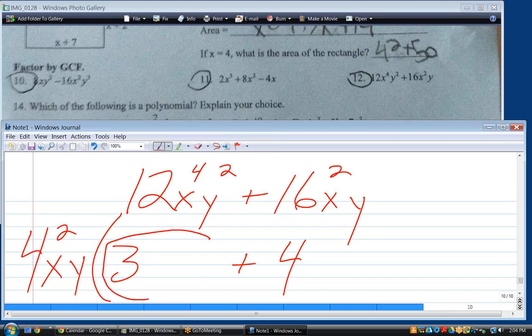So what completes that term there? 3x squared, good, and that would just be on y. Good. And then it'd be plus 4, just plus 4. Good. Very good.